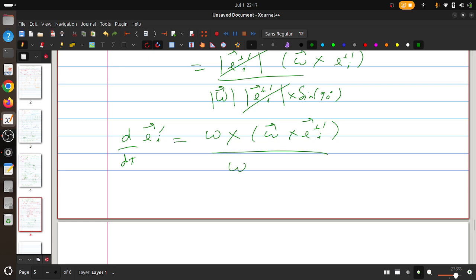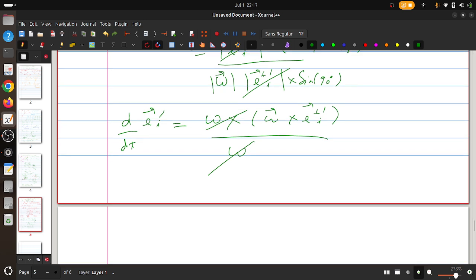So mod of omega vector is just omega. So omega cancels here, and then we just write the derivative of this general basis vector. Now it is no more the perpendicular component. This is the full general basis vector. So its time derivative is simply omega cross E I perpendicular prime.